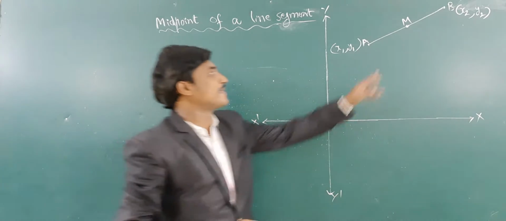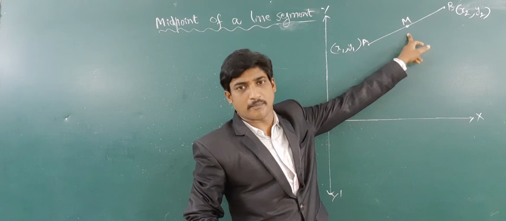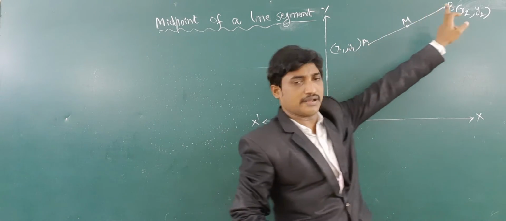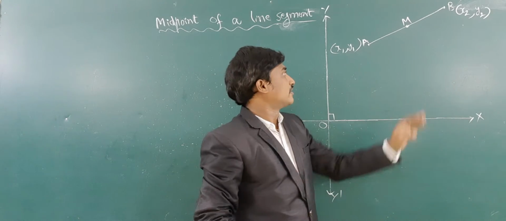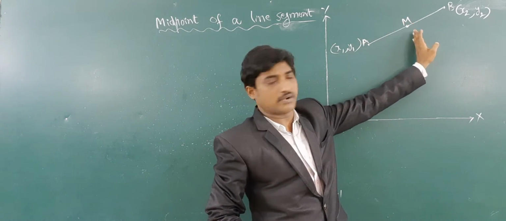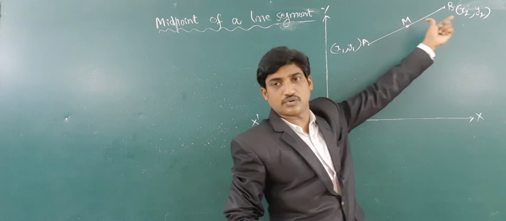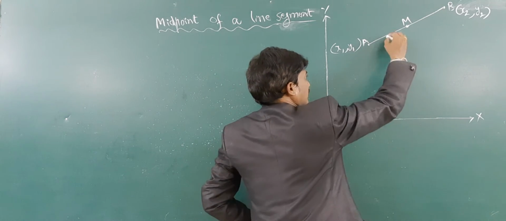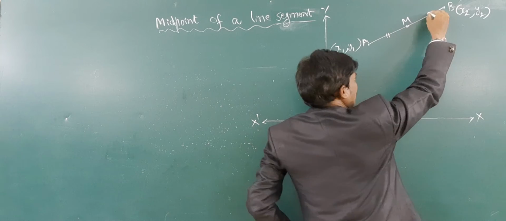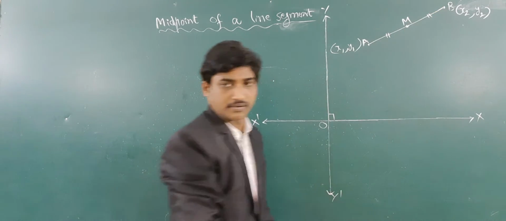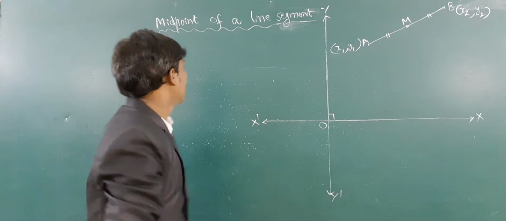That means M is equidistant from A and B. Distance from A to M and distance from B to M is the same. That is, MA is equal to MB. That is a given clue.